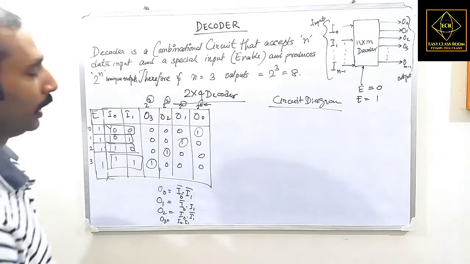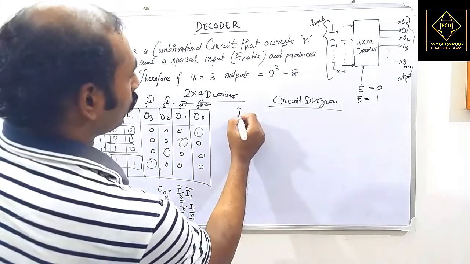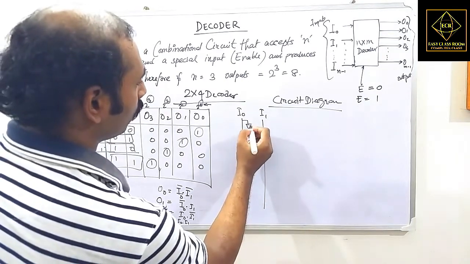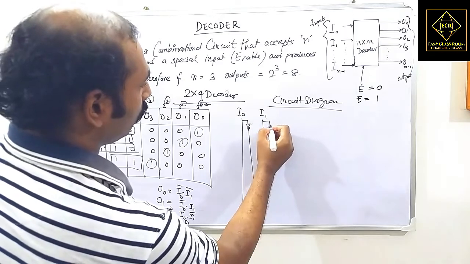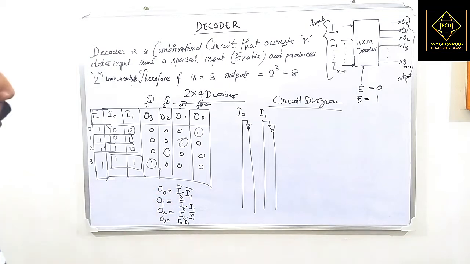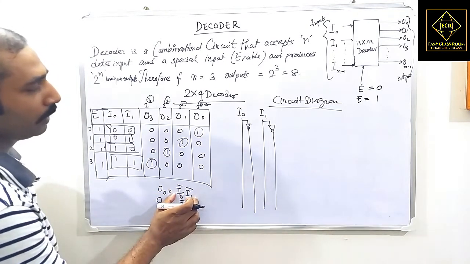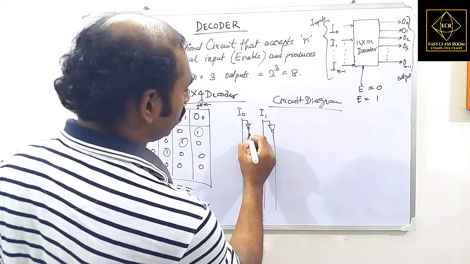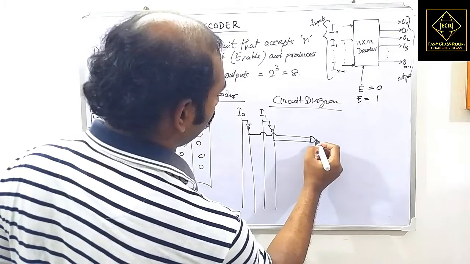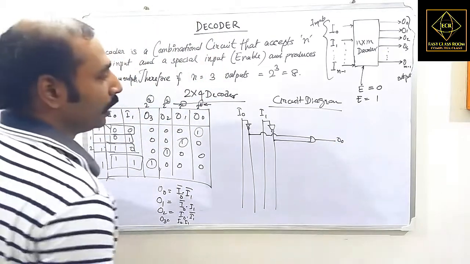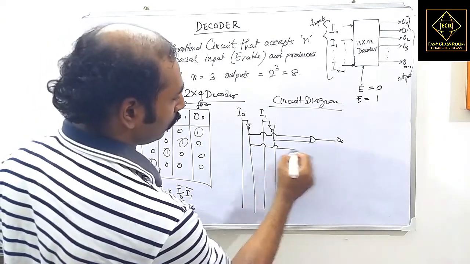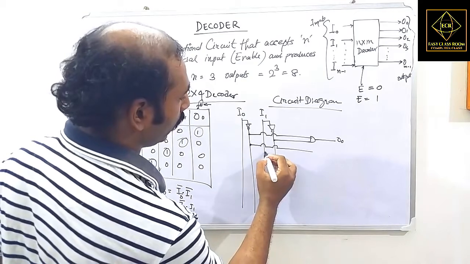Okay, now here I0 is here, I1 is here, and we have to give complements over here also. O0 will only be active when I0 and I1 are low. So here it is, this is O0. O1 will be I0 and I1.